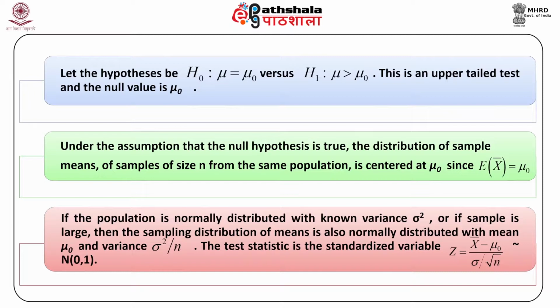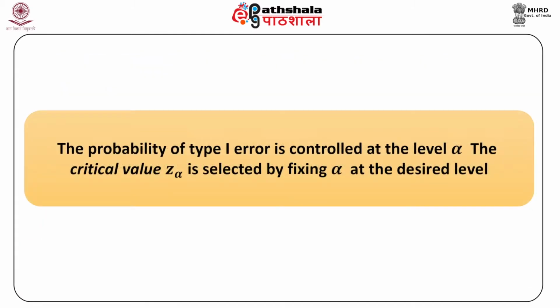The test statistic in that case is the standardized variable Z, equal to x bar minus mu 0 upon sigma by root n, and is distributed normally with mean 0 and variance 1. The probability of type 1 error is controlled at the level alpha. The critical value Z alpha is selected by fixing alpha at the desired level.